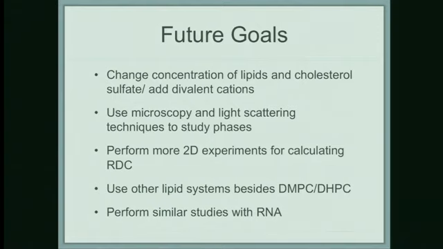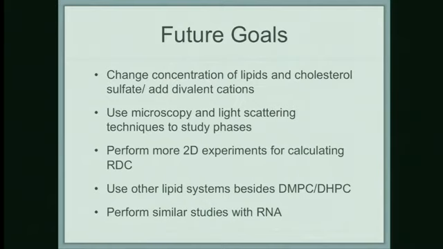And I have a lot of future goals, actually. I want to change the concentration of the lipids and the cholesterol sulfate in order to determine what effect that has on the phase behavior of the lipids, as well as add divalent cations, which have been shown to do something to the alignment. I also want to use microscopy and light scattering techniques to determine what those phases are that I'm seeing, because NMR doesn't really tell us too much.